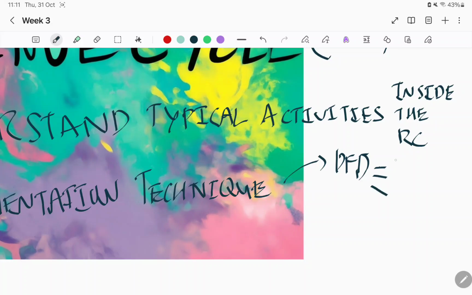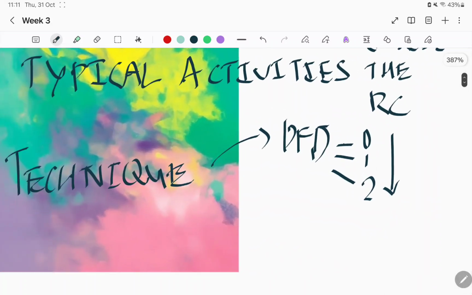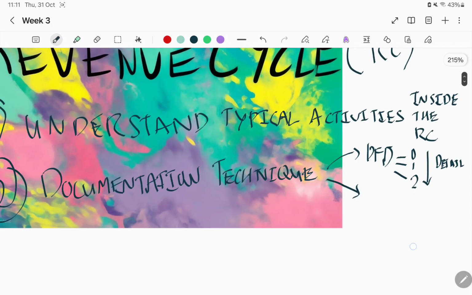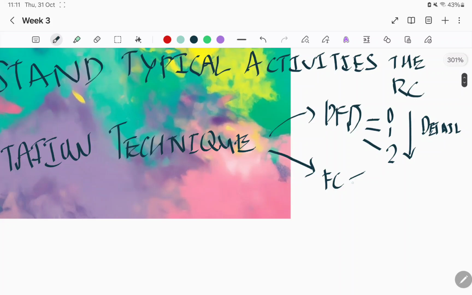We'll look into 3: level 0, level 1, and level 2. Basically, going down here, the data flow will be going into more detail. Then we'll look at the flow chart. We only look at 2 over here: the process and the document.